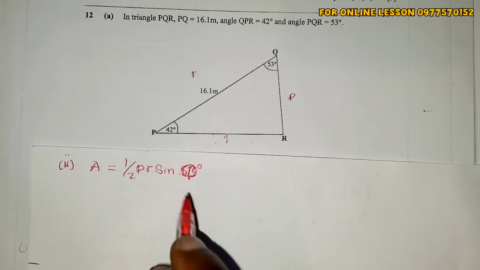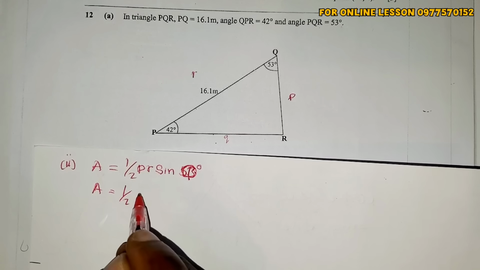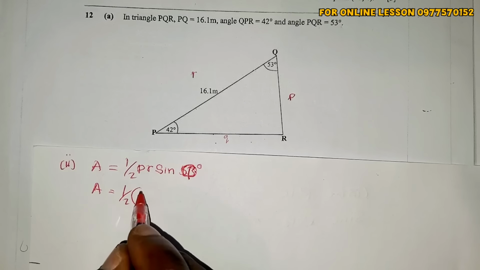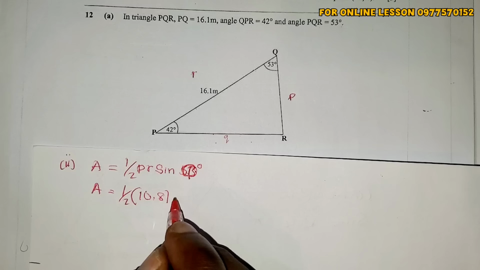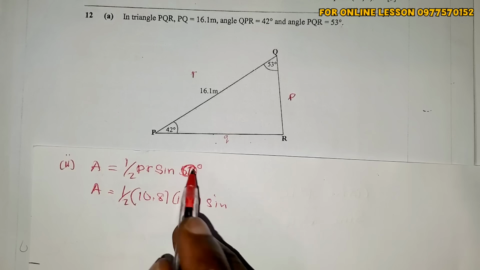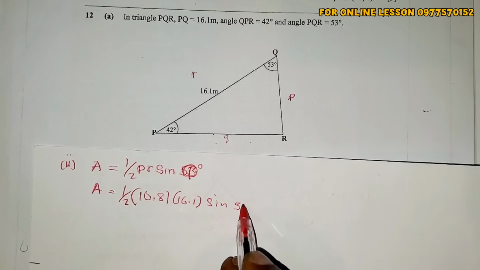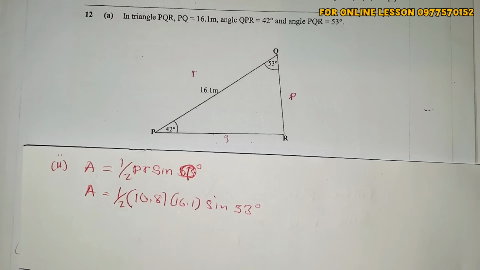Let me just issue this since we're coming up with the formula: half p r sine Q. Let's now substitute. Area will be half, P is 10.8, R is 16.1, sine Q is 53 degrees. Now let me just punch these on the calculator.